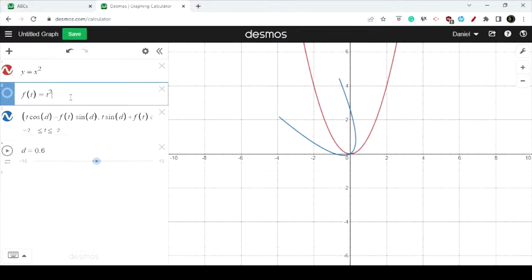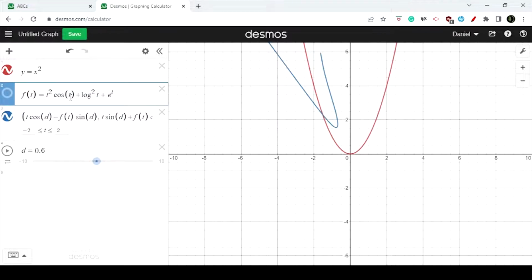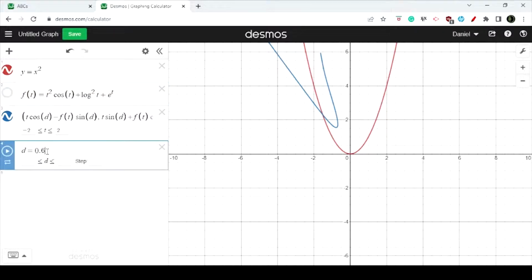Now suppose we have this ridiculous, complex equation plus log squared. All right, we get the point. So we rotate this back to 0.